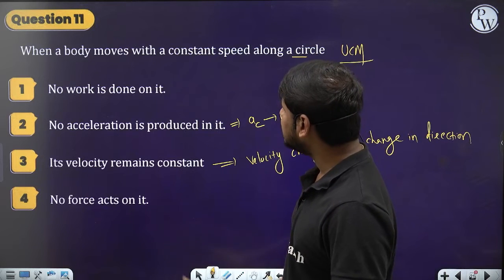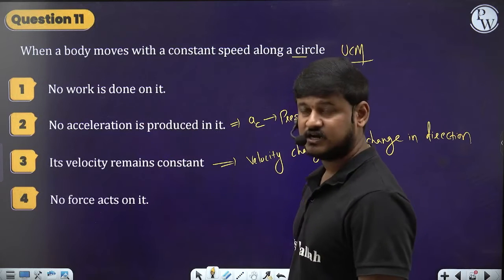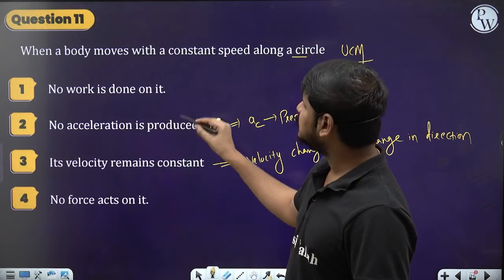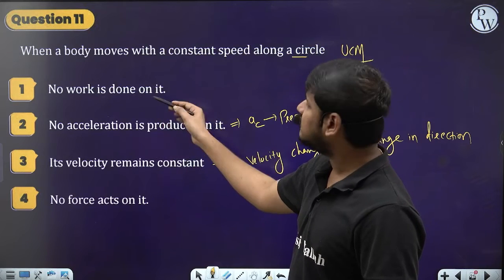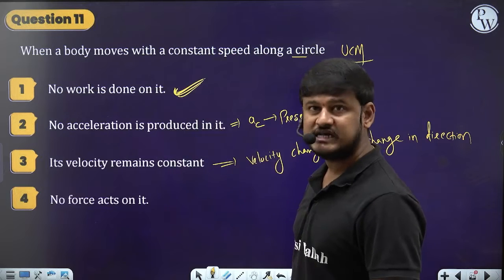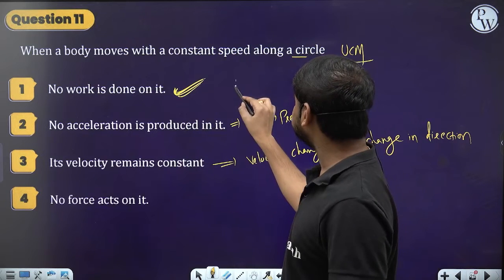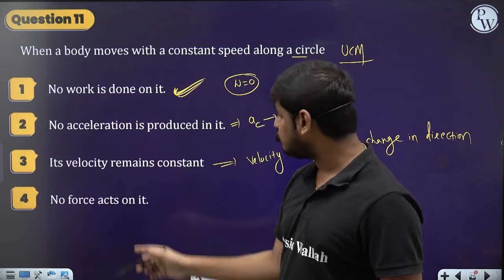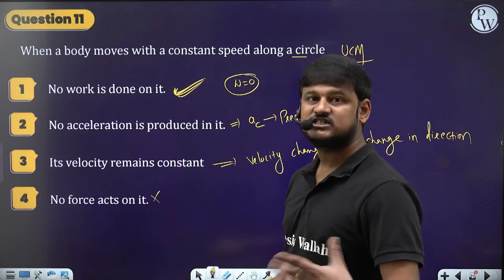So no force acts on it, no work is done on it. When the particle is moving in uniform circular motion, its initial velocity is equal to its final velocity, so no work is done on it. The work done will be equal to 0. Just now we have seen, right?